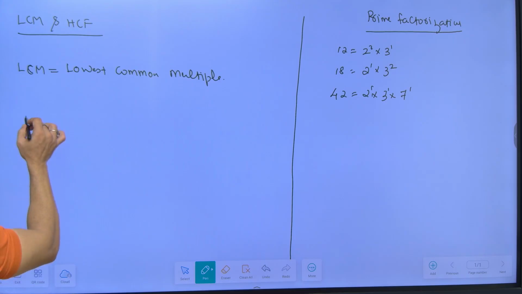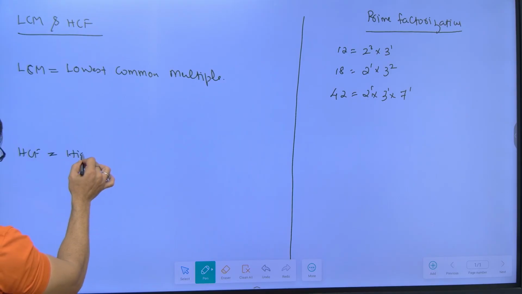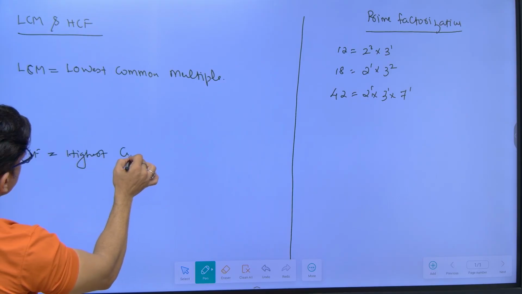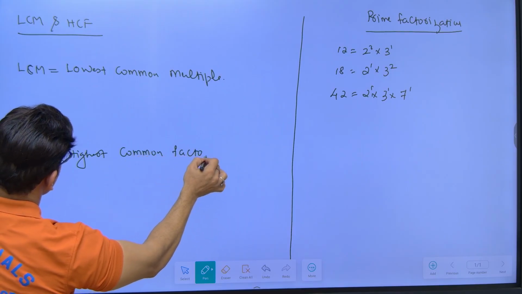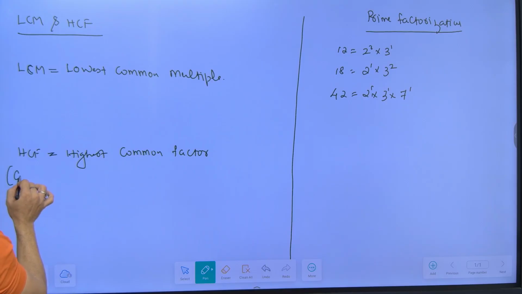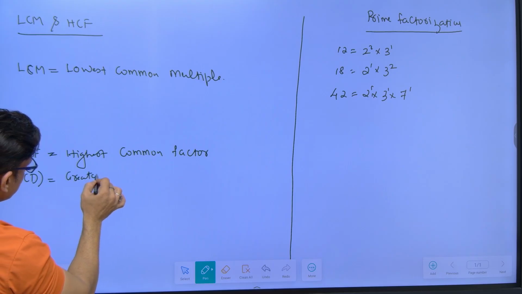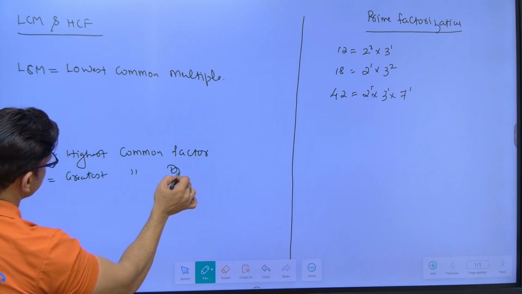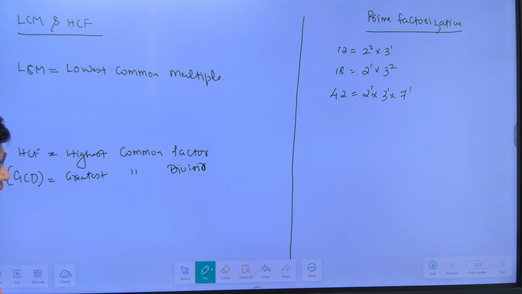What about HCF? HCF is highest common factor. Sometimes this HCF is also called GCD, which is greatest common divisor. Remember I told you that divisor and factor are the same thing. So either they write GCD or they write HCF. Both are the same.